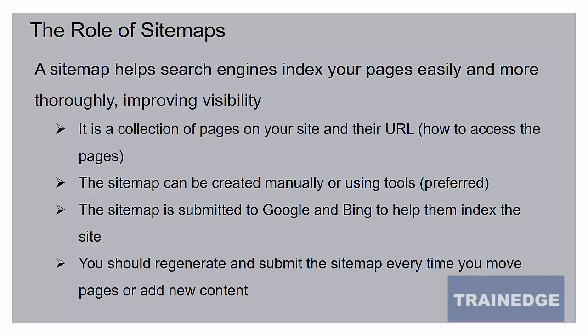So the bigger, more complex, more dynamic sites generally use tools on their site that can keep updating sitemap whenever a new page is added to the website or a page is edited and its URL or name is changed.